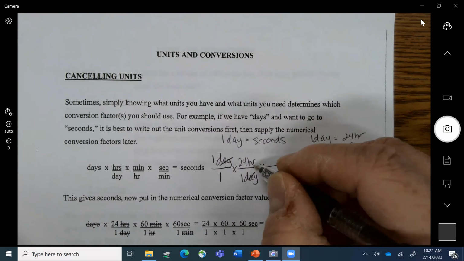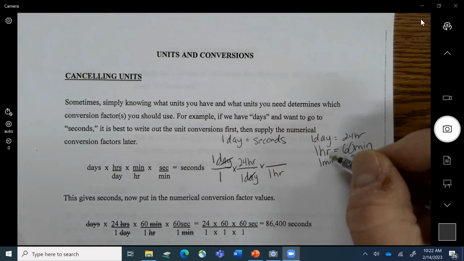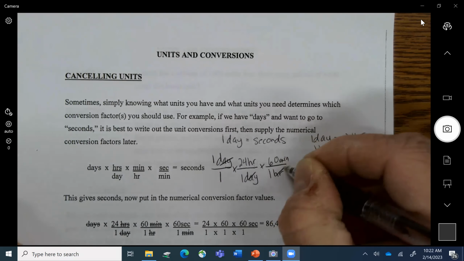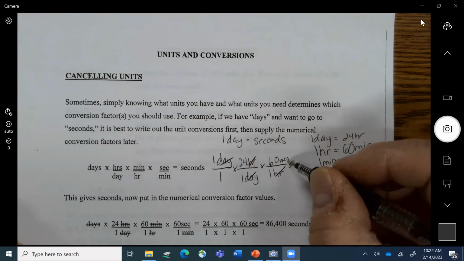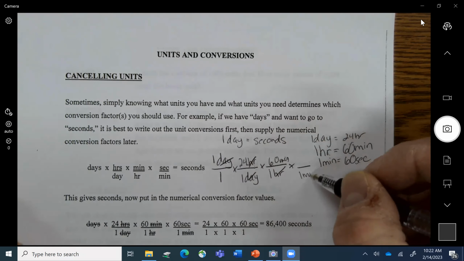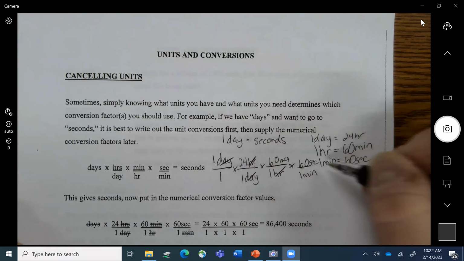If my hours are up top, they have to be where to cancel? On the bottom. 1 hour equals 60 minutes. And then I'm at minutes. If minutes are on top, where do they have to be to cancel? On the bottom. And then 60 seconds goes up top.